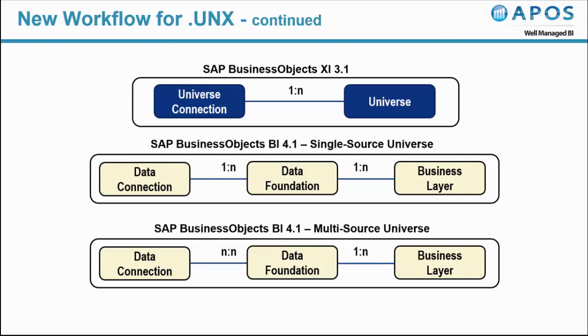And the new wrinkle here is that the foundation is able to have multiple connections, each connecting to a different database or even a different type of database. So combining Oracle, SQL Server, Sybase, Informix, whatever, all together into one universe is possible to do.